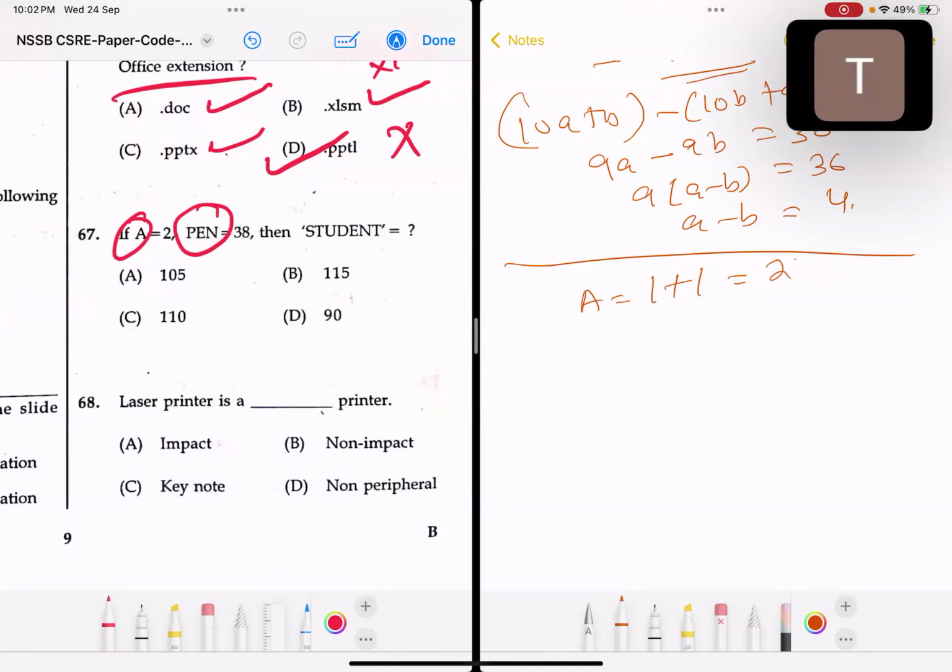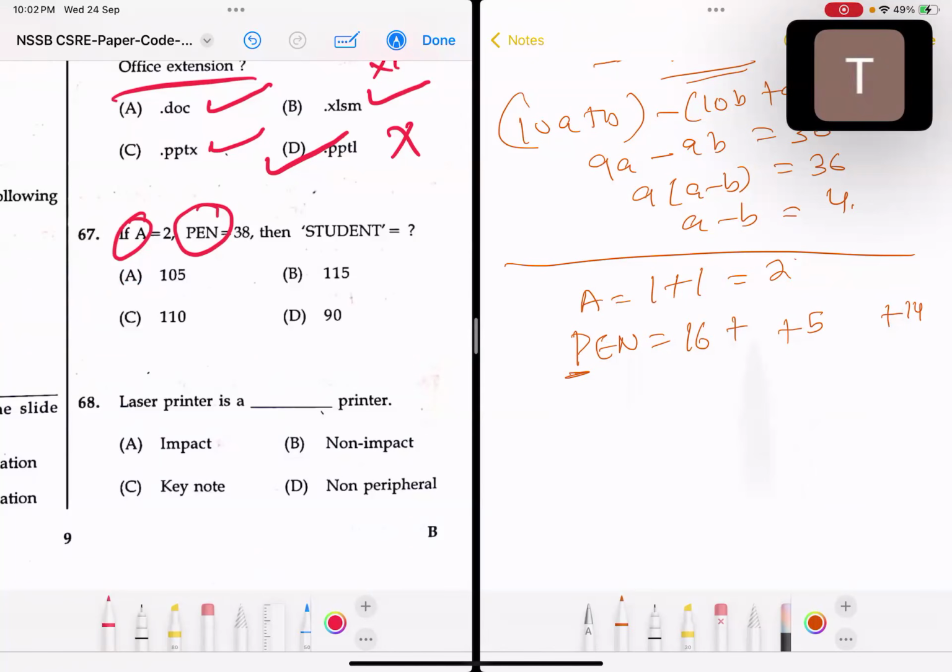A is 1, right? A is the first alphabet. Now pen is how much? P-E-N. So if we calculate this, you'll see that P is 16, okay? E is 5, right? And N is 14th, right? If you count A, B, C, D, N is the 14th one.